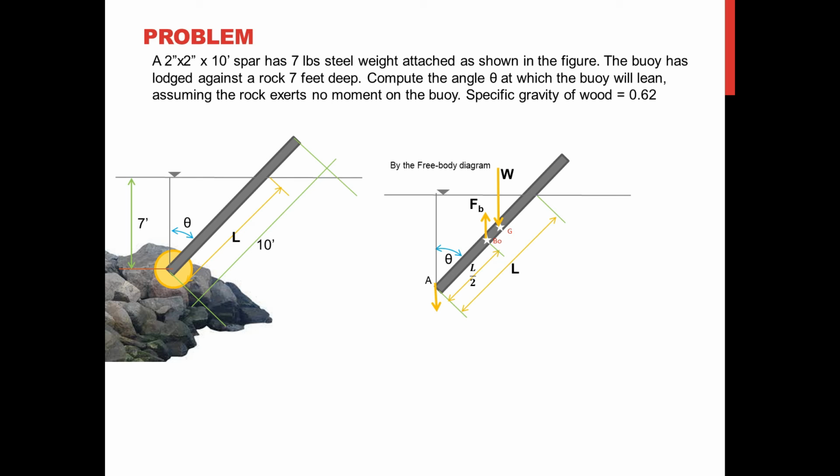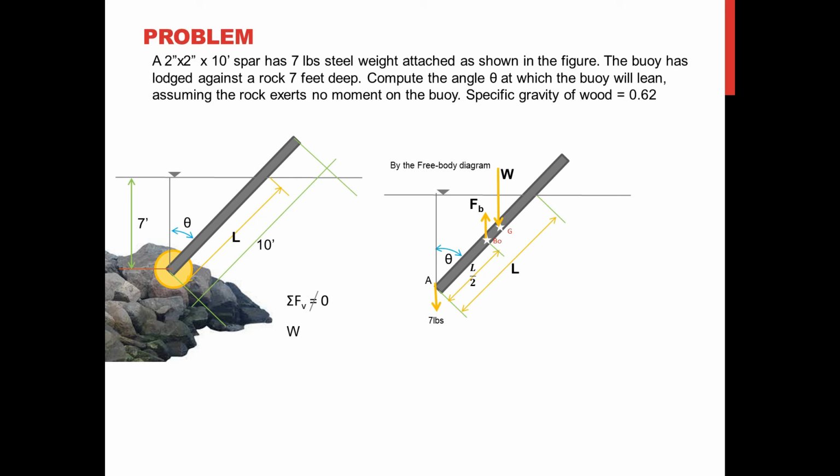So at point A, we have the weight of the steel attached to the spar, that is 7 pounds. So this time, summation forces vertical would no longer be equal to 0. Why? Because as you can see in the free body diagram, there are 3 forces involved.